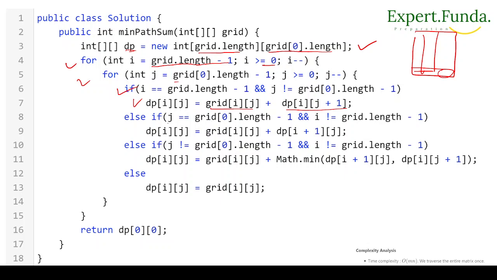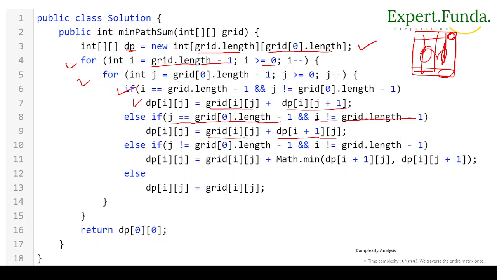Similarly, if j is at the last position, meaning this column here, and i is not equal to the grid length minus 1, in that case we take the current value but with i plus 1, so that i will not cross the border, and j similarly.